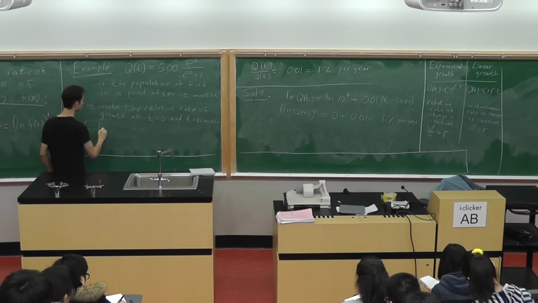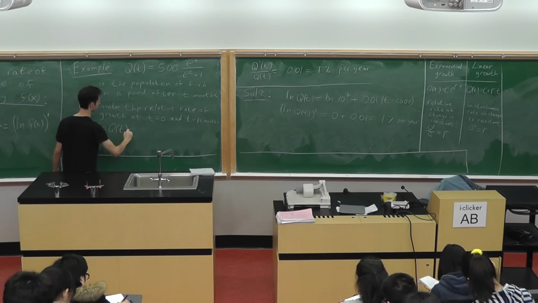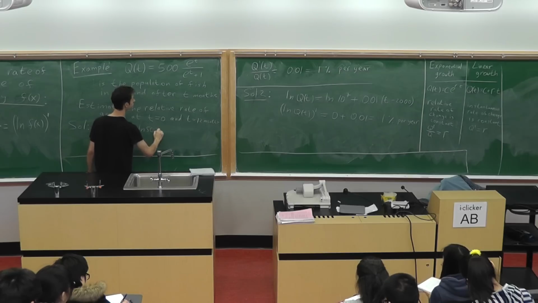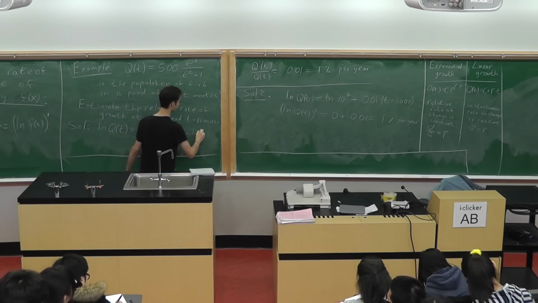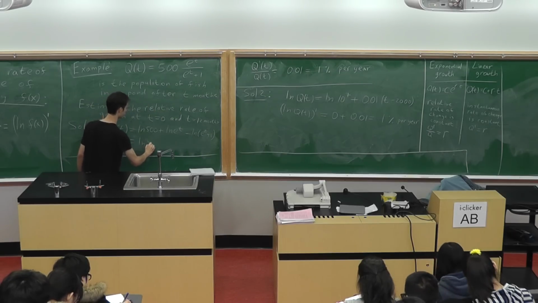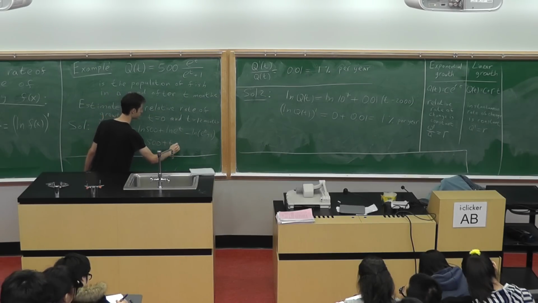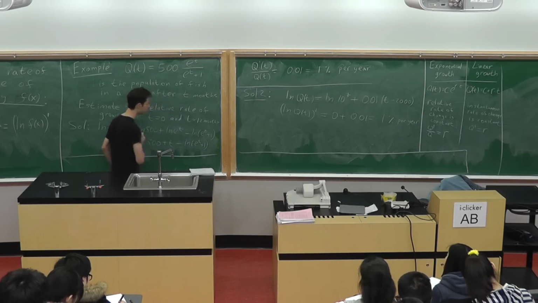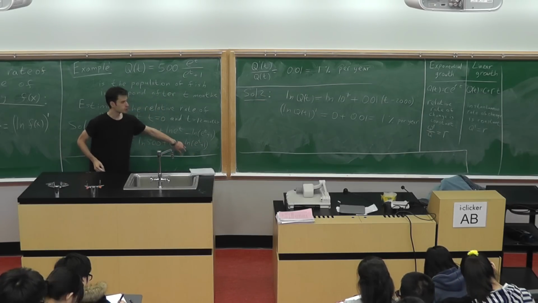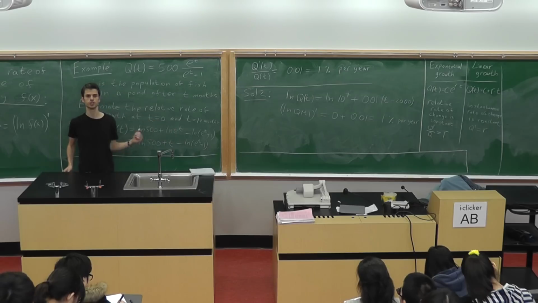I'll try to find the logarithm of q of t. So it's ln of 500 plus ln of e to the power t minus ln of e to the power t plus 1, which is ln of 500 plus t minus ln of e to the power t plus 1. Unfortunately, I cannot simplify this expression any further.